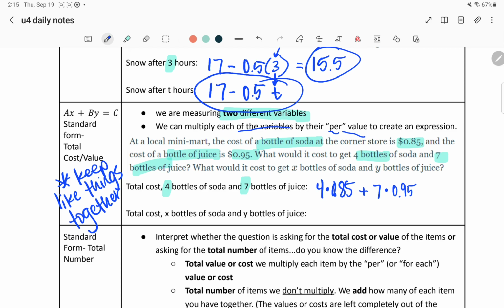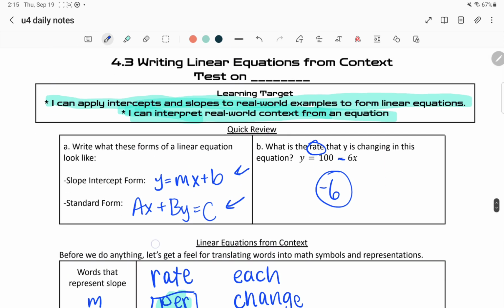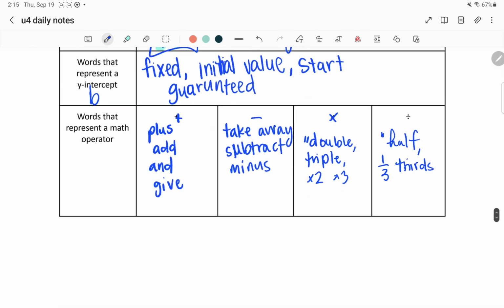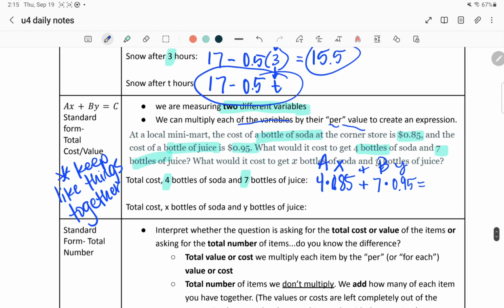So we're going to add them together too. And you'll notice this creates my AX plus BY that we saw right here with a plus sign in the middle. Okay, when I plug this into my calculator, I get $10.05.